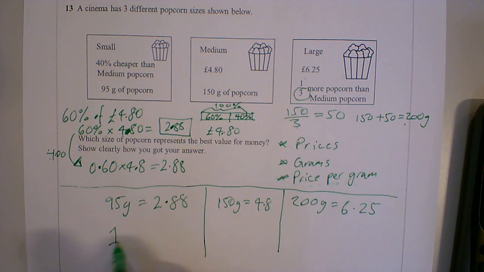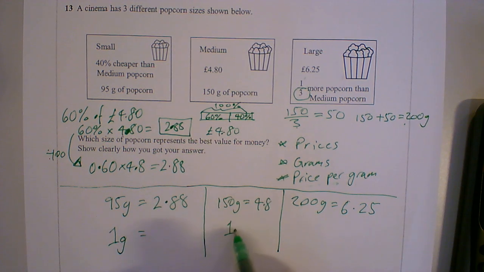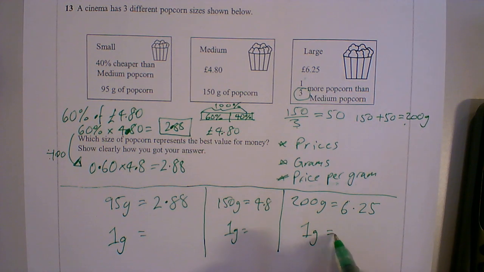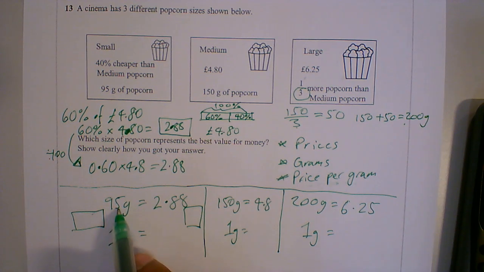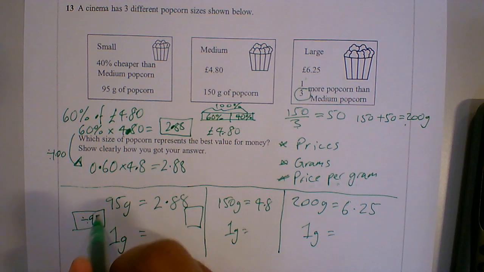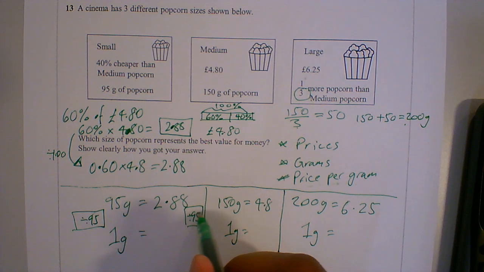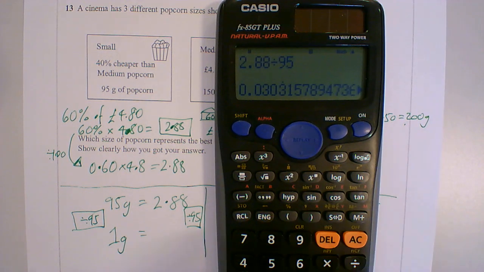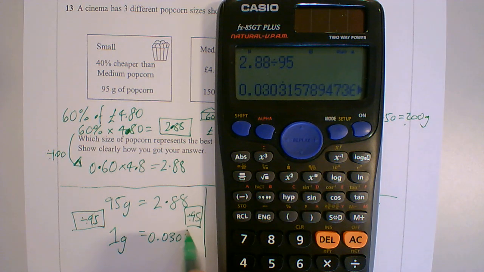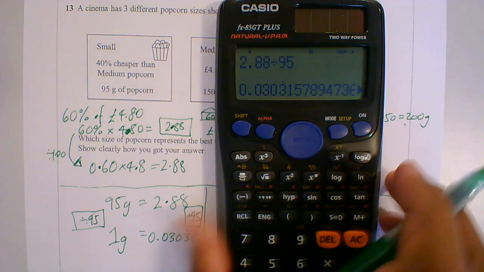So I'm going to go to 1 gram. 1 gram, 1 gram. And so we divide by the same thing here. So to go from 95 to 1, what do I divide by? 95, I divide by the same number. So I've got 2.88 divided by 95 gives me 0.0303157 dot dot dot.